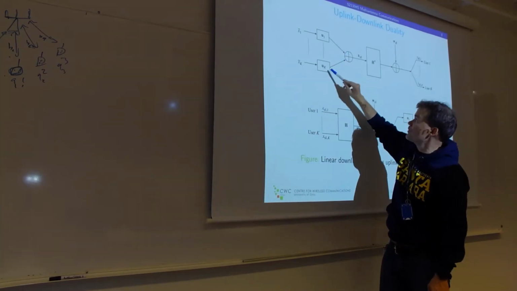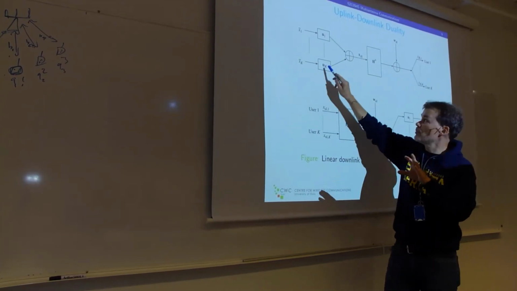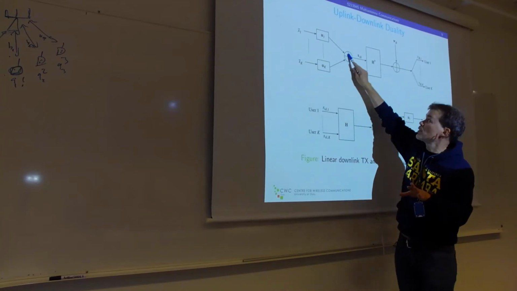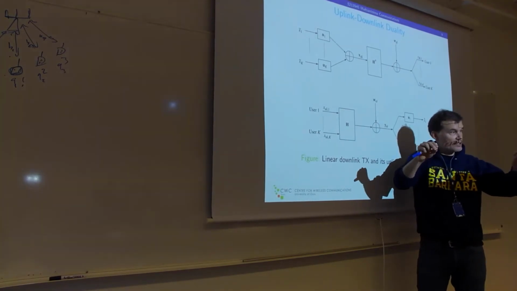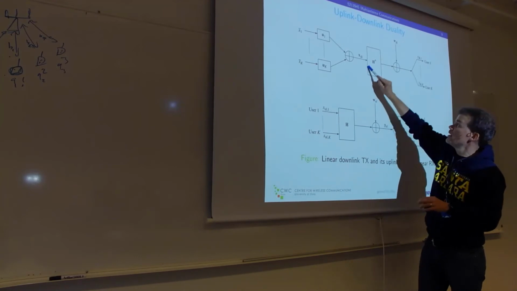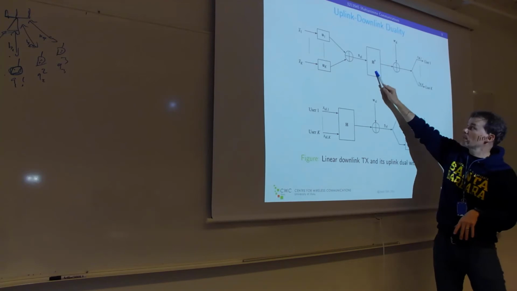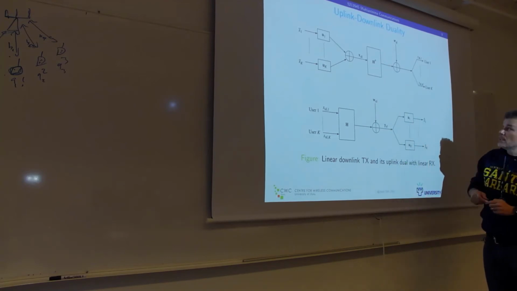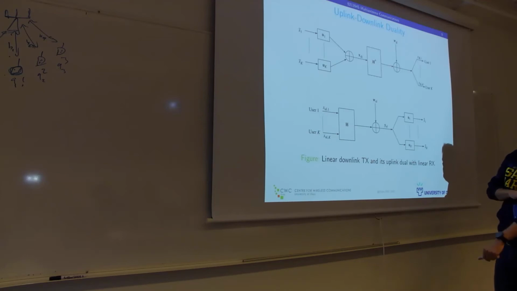So broadcasting means that we are taking a superposition of all these transmitted symbols multiplied by corresponding beamformers, summing them up, and then we form the vector X that is transmitted from all downlink antennas, base station antennas, and now propagated over the channels that are collected into this matrix H Hermitian, where each row corresponds to a user-specific channel.